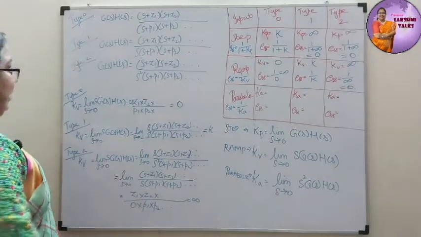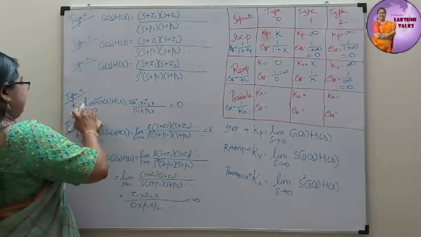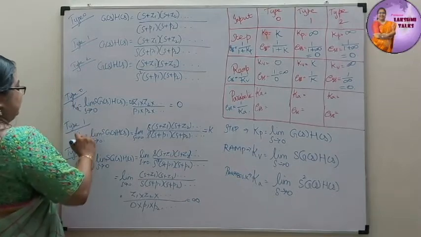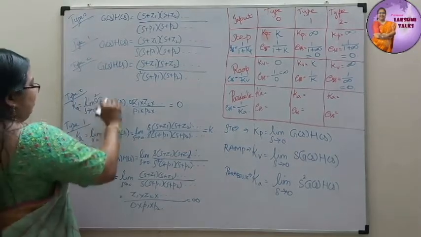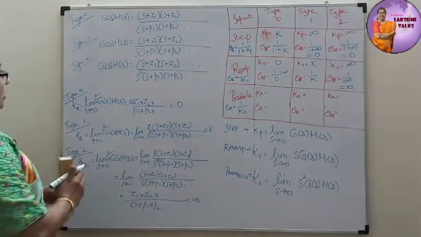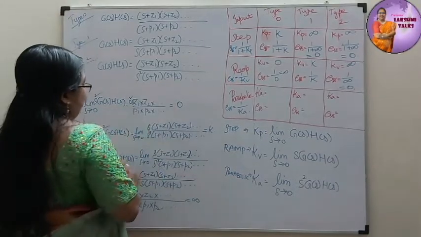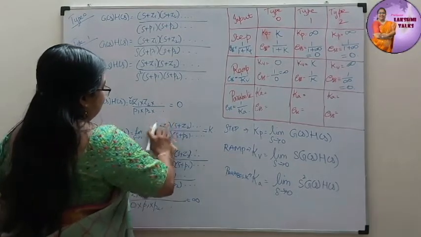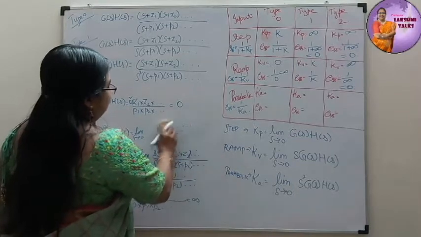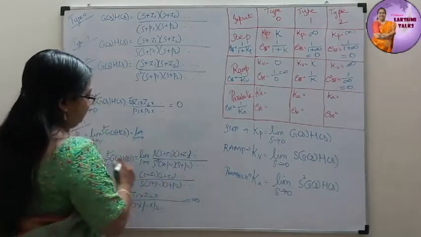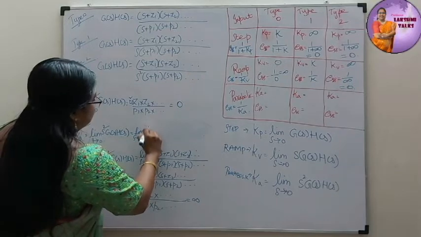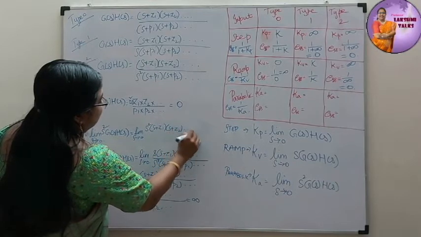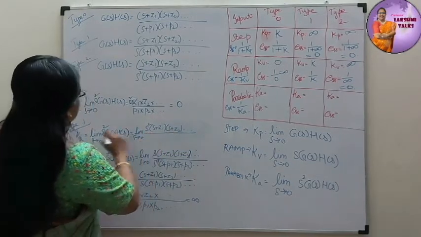Okay. And now again for the parabolic, which is Ka. So Ka, what do you have? s square, right? So here again it is 0 square.